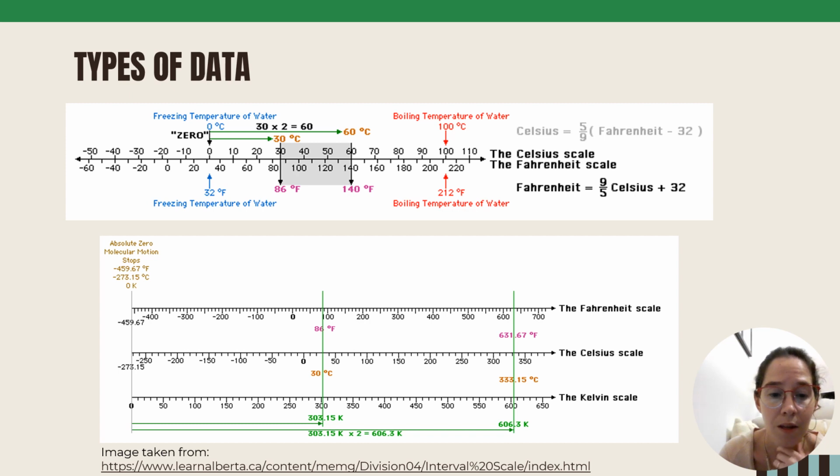So let's take the example of temperature. In this slide, we will first focus on this graph, the one that is above, where you can see the Celsius scale, and under that the Fahrenheit scale. Both are interval scales. Why?